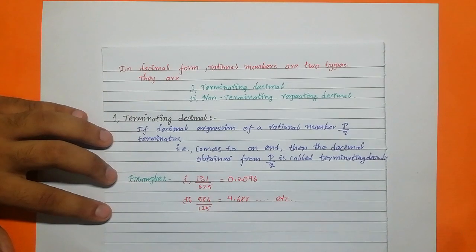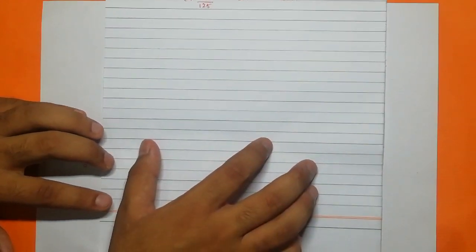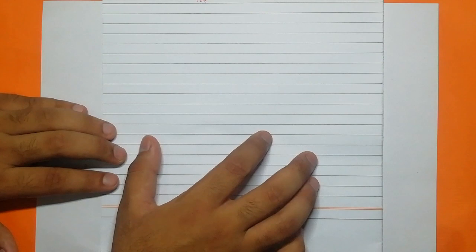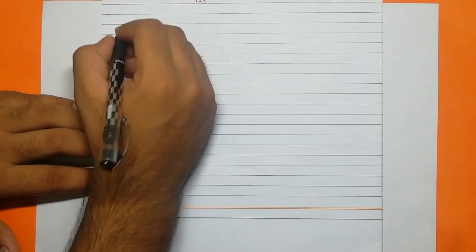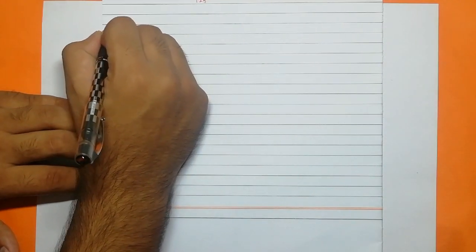Now let us know about the second type, non-terminating repeating decimal.